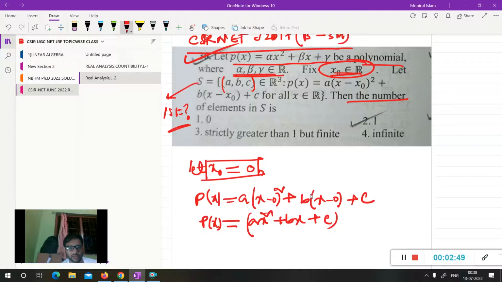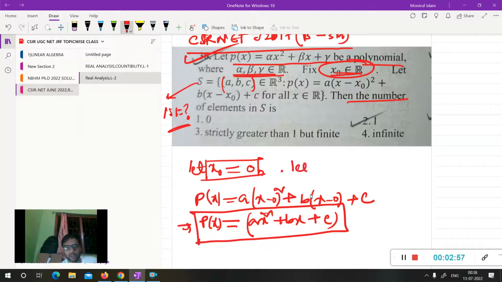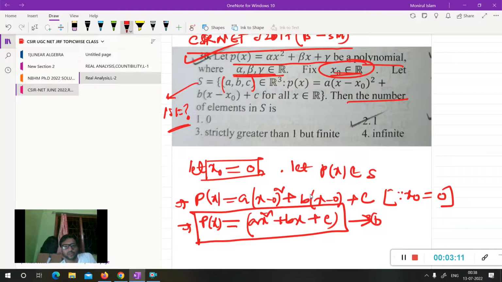But P(x) is also given in the question. If P(x) belongs to the set S, then P(x) is of this form. So this P(x) should be equal to the given P(x).